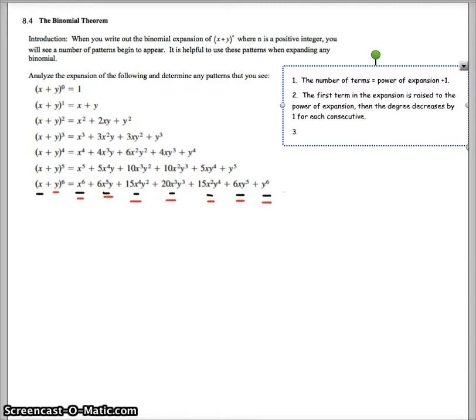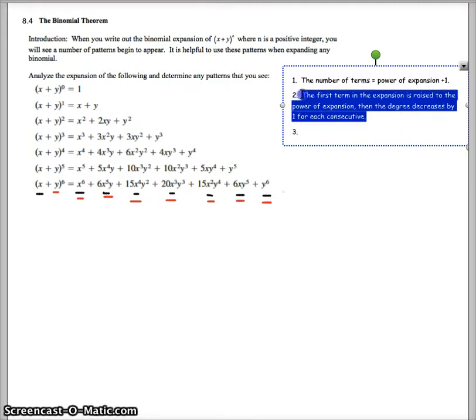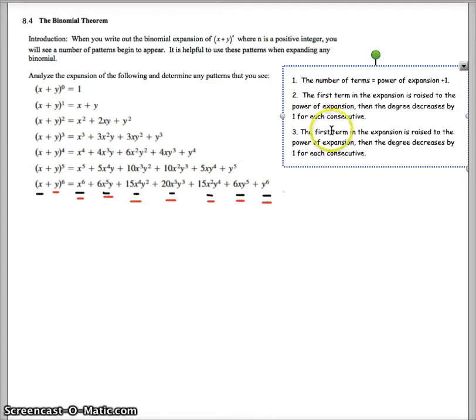And then we could say the same thing for the second term in the binomial: in the expansion, it is raised to the 0 power in the first term, then the degree increases by 1 for each consecutive term. So one starts with the power of expansion and the other ends with the power of expansion.